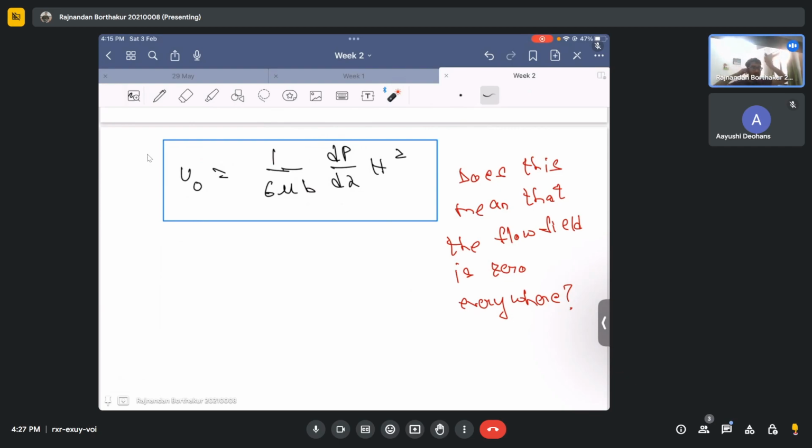So the average velocity might end up being 0, but this does not mean that the individual fluid elements at each and every point should be equal to 0. This is something I am thinking of right now, but that's a very important and good point that we can think about.